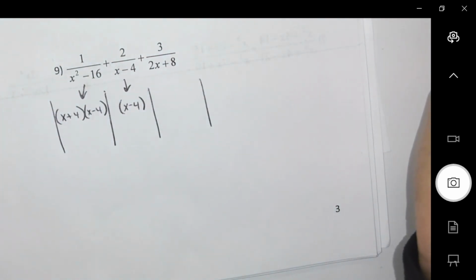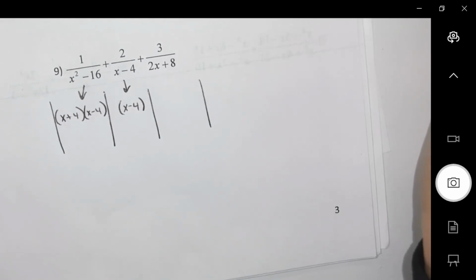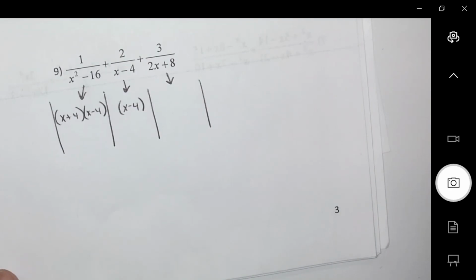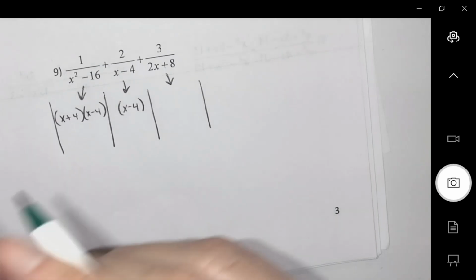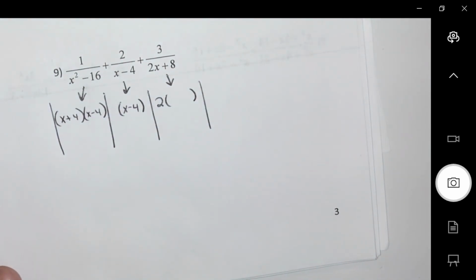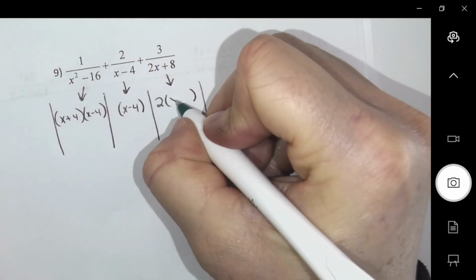Nothing. There's nothing you can do to that second fraction. Third fraction. There's something. Which one is it? Factor out the 2. GCF it out. Factor out the 2 bracket. And then what do you get left with if the 2 comes out? X plus 4.